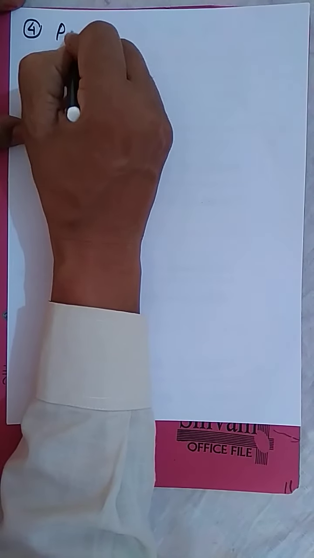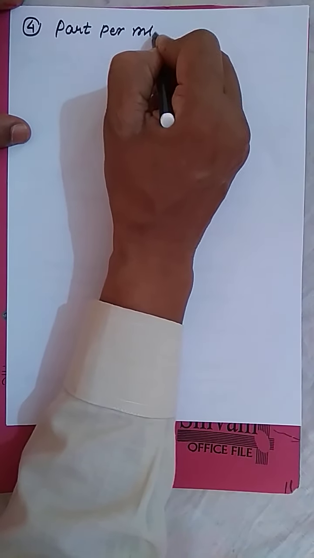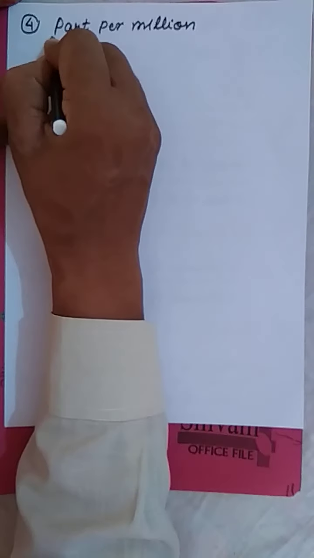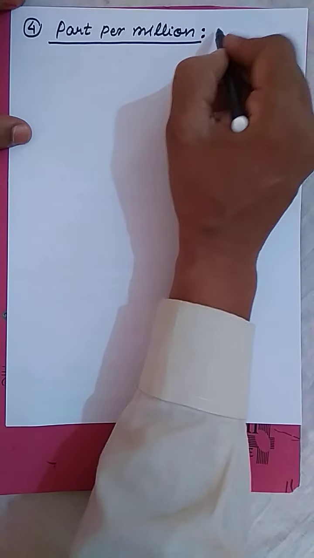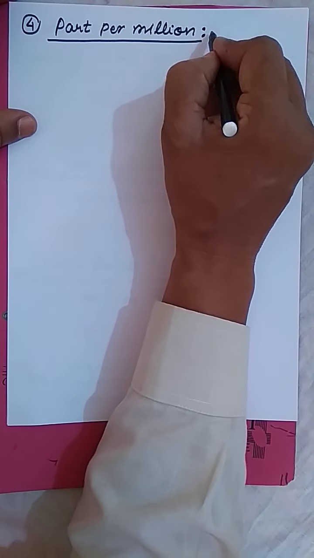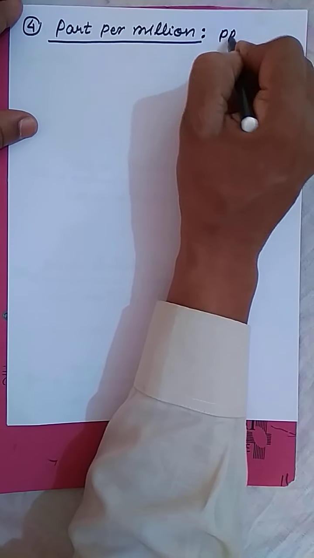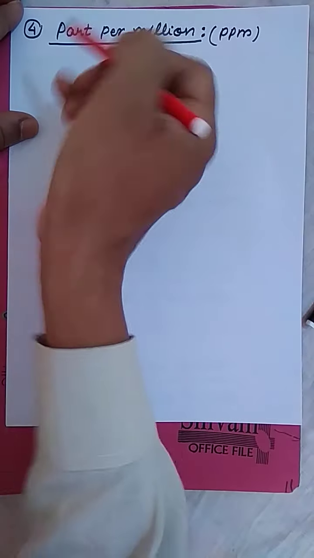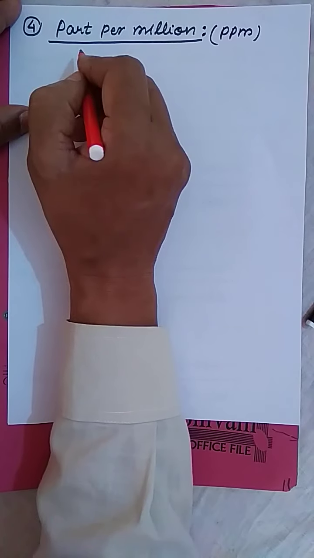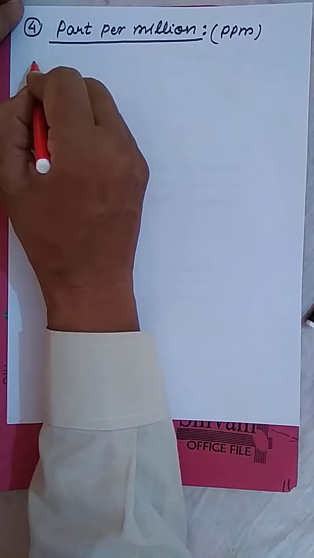Fourth one is part per million. So it is expressed when solute is very less quantity present in solution, you can say. So it is also called ppm, right? So part per million, how much part is present in 1 million, not in 100, per million.